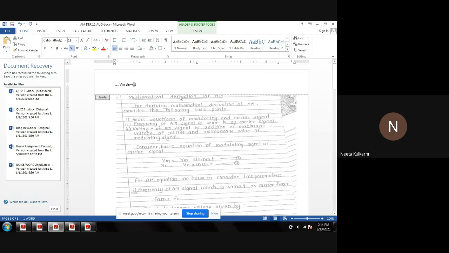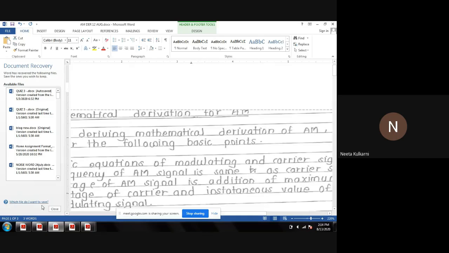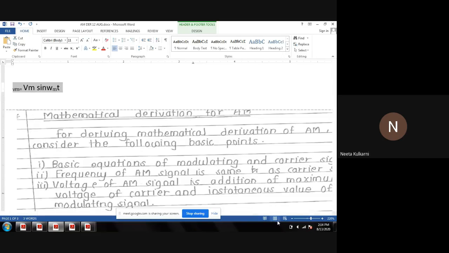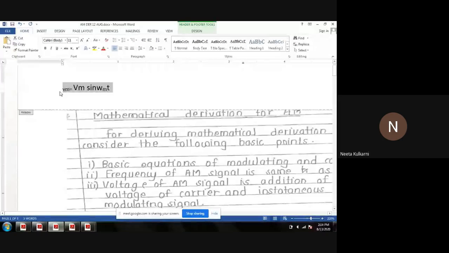Okay, focus on this equation right now. I am showing you the equation for the sine wave, which is given as small vm is equal to capital VM into sin omega m t.